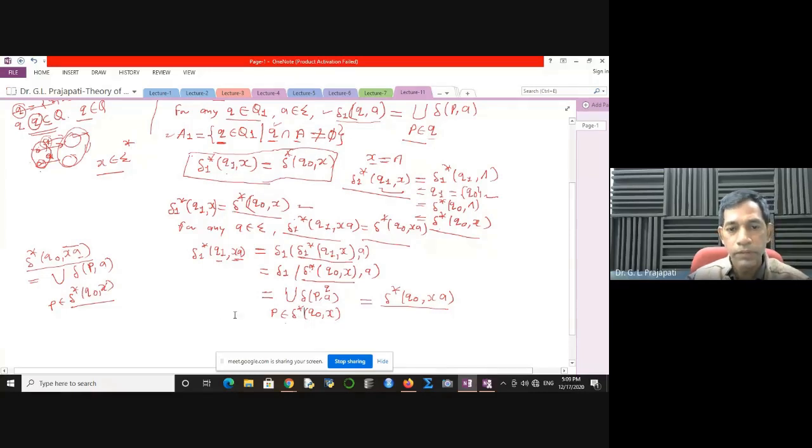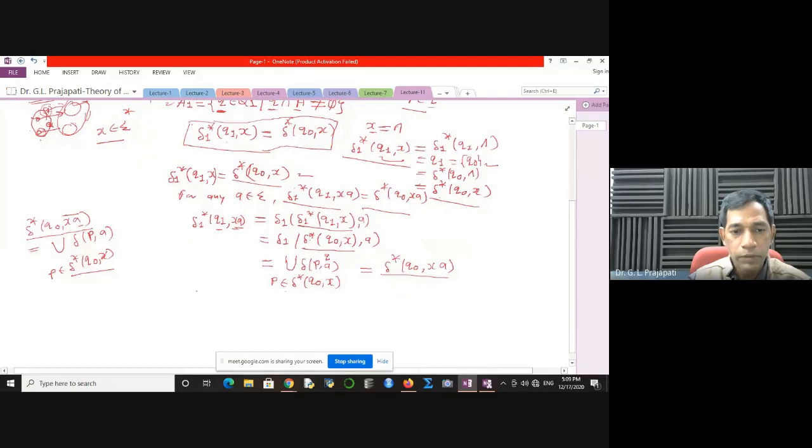Now by induction, you have proved that delta 1 star Q1 xA is equal to delta star Q0 xA. Q1 is the initial state of your machine, and if xA is in the language, then this set intersected with A, the set of accepting states in the NFA, should not be equal to empty.